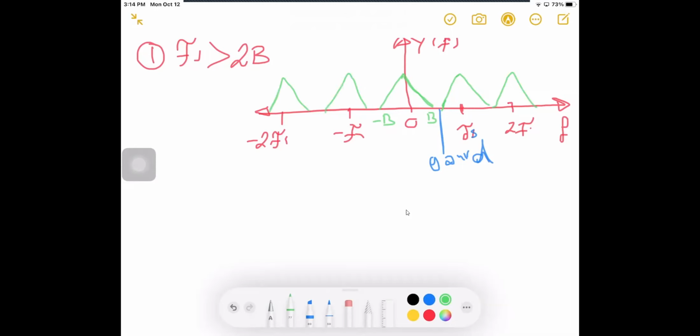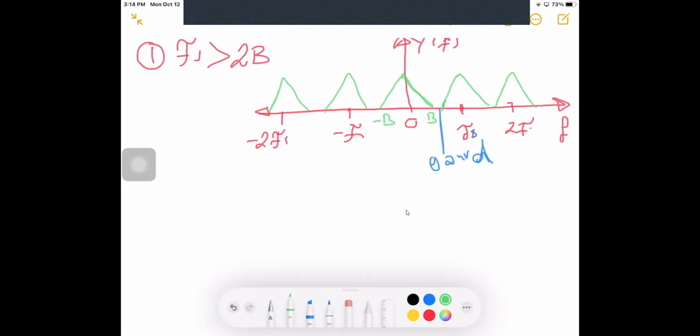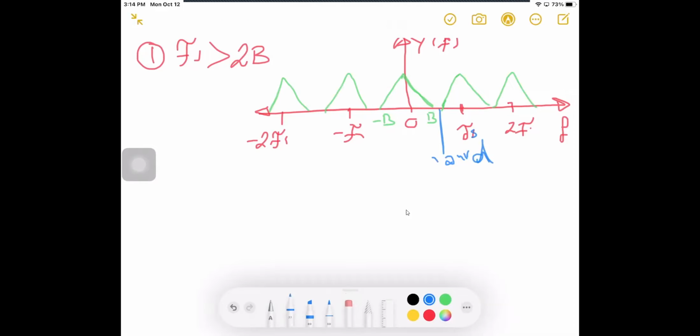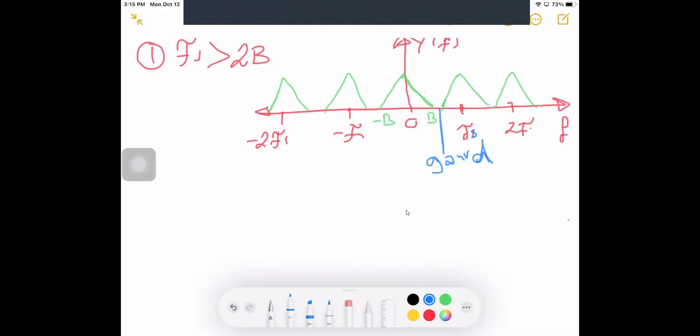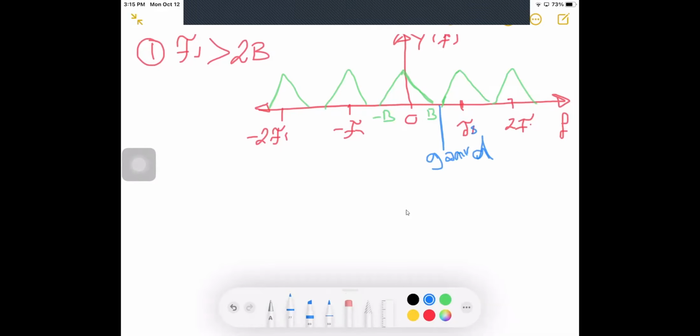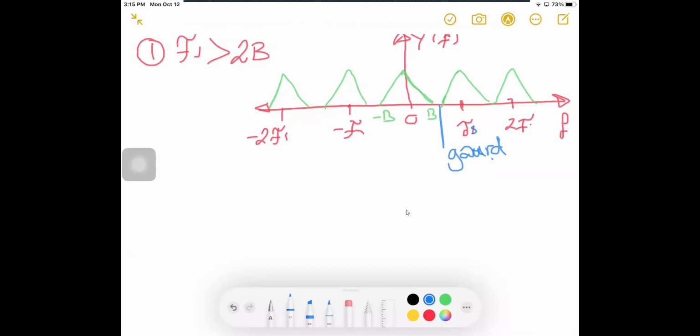They are apart, so we have a guard band between the replicas. Now, what is the benefit of having a guard band between the replicas?